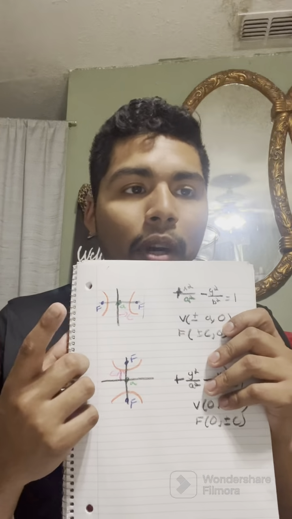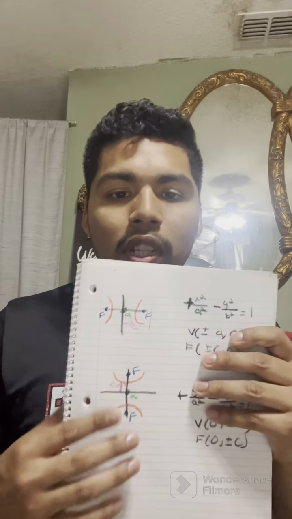So since we already know how it looks, let's see if we can put it into mathematical terms, onto paper. So let's start off with explaining the vertical and horizontal. So we have the horizontal hyperbola and the vertical one on the right.